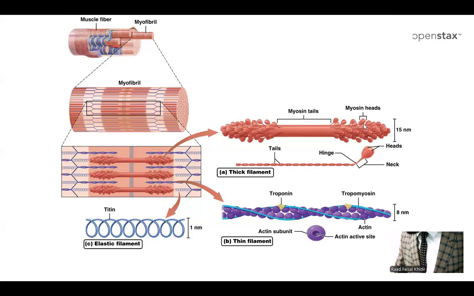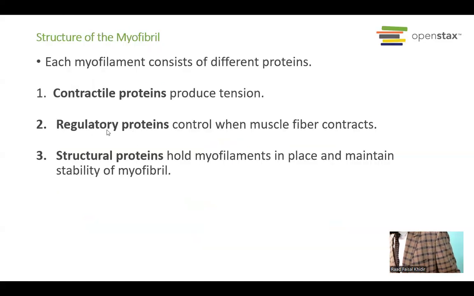You have to know that the red thick filament myosin, that's contractile. And the blue whole actin, that is contractile. But troponin and tropomyosin are not contractile. They are regulatory.